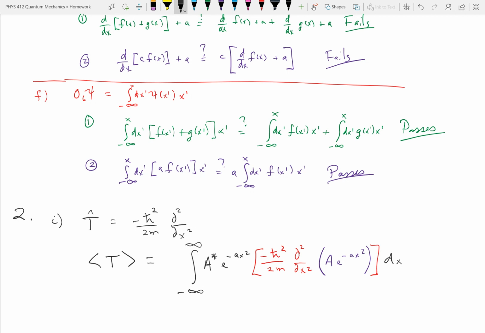I tried to use colors to separate things a little bit. So you have the operators in red, the psi is in purple, psi stars in black, and dx is in black for whatever reason. Okay, now what?